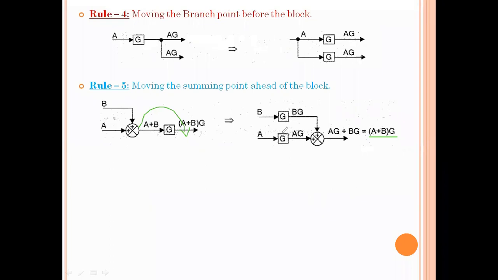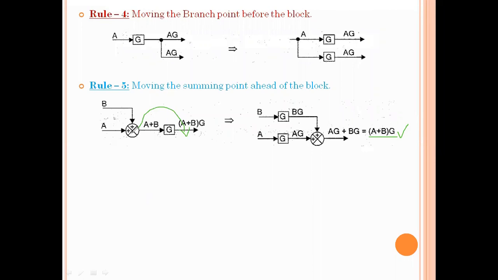If we add gain blocks in each of these two, then we will get A into G, AG, and here B into G, BG signal. Here BG signal and here AG signal. These two are added because the summer has to be here near the output. So AG plus BG, we will get A plus B into G, which is the required output.